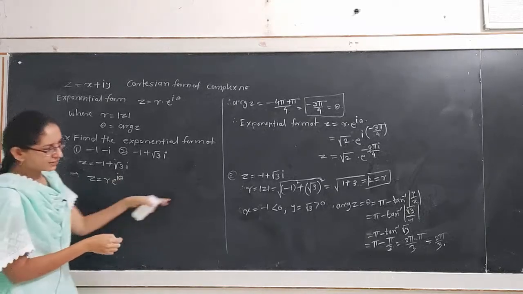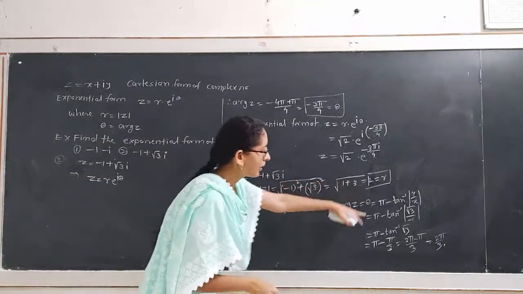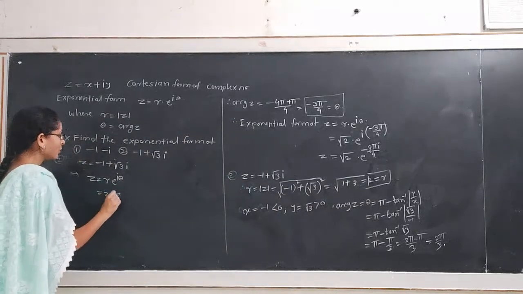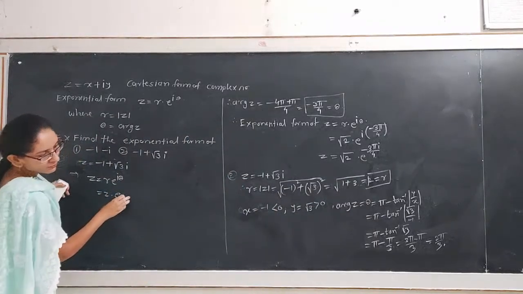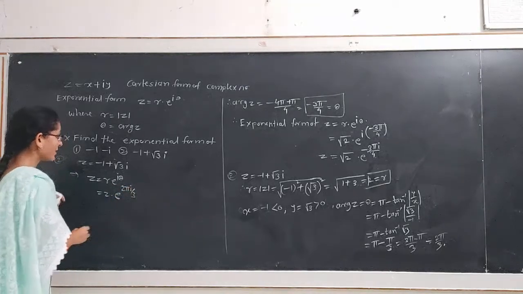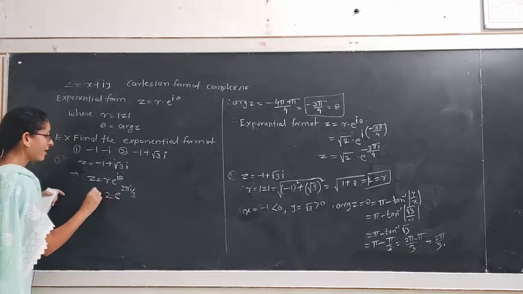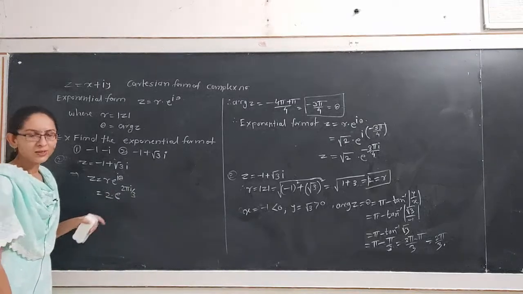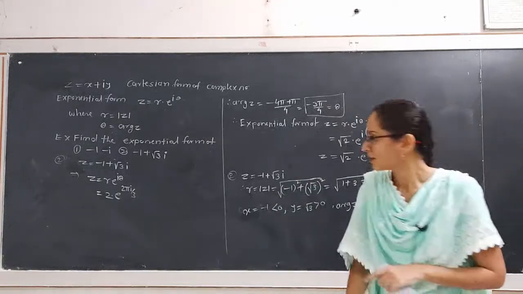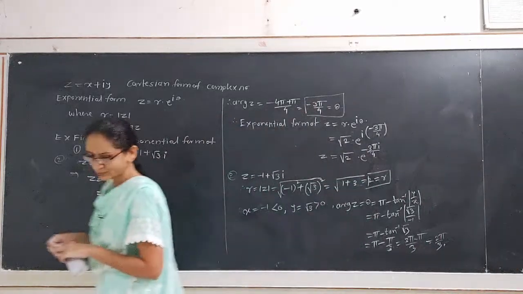Our r value in the second example is 2 and theta is 2 pi by 3. Therefore, z is equal to 2 into e raised to i 2 pi by 3. This is the required exponential form of a complex number. One more formula is Euler's formula.